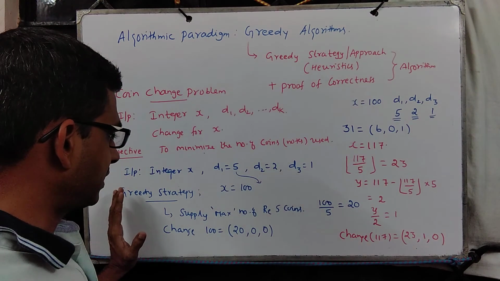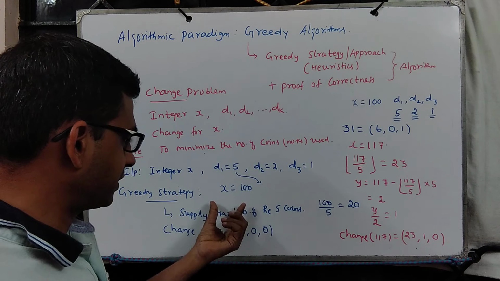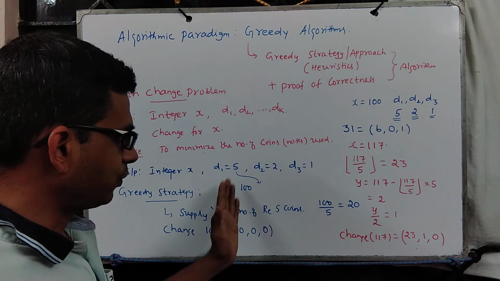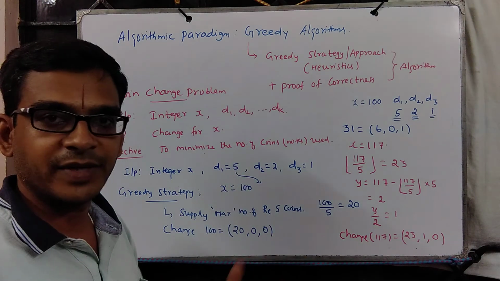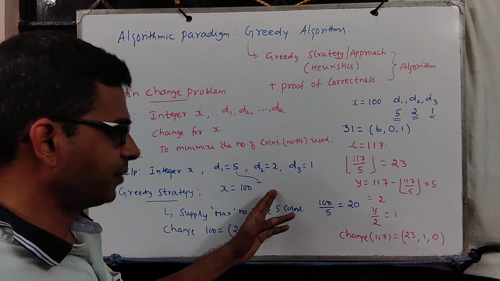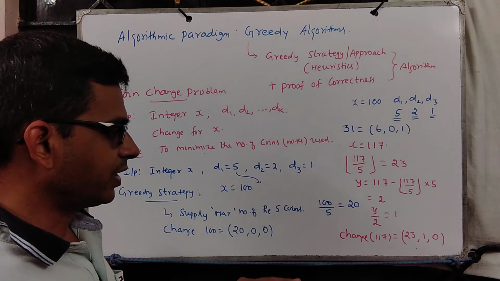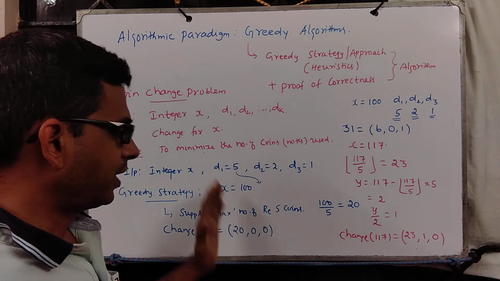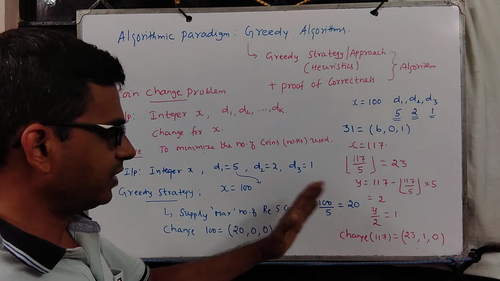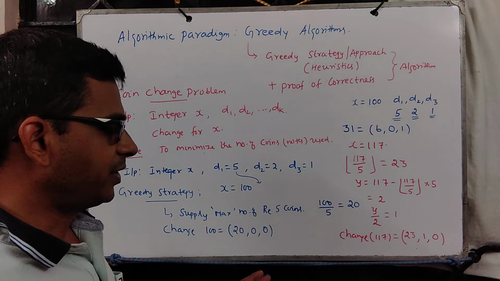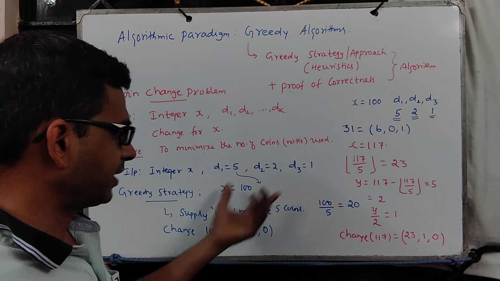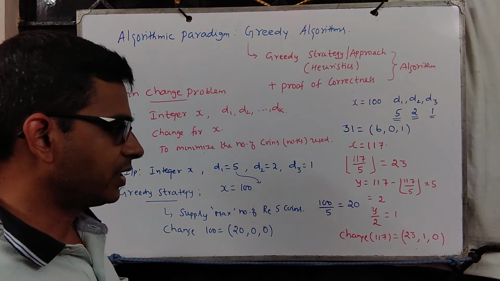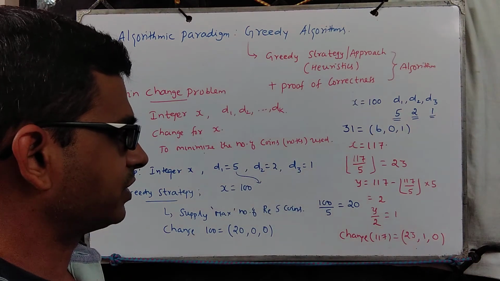First you supply the maximum number of 5 rupee coins, that is local optimum 1. When you cannot supply using 5, go to the next denomination and supply the maximum number of 2 rupee coins, that is local optimum 2. When you cannot supply using 2, go to the next denomination. Like that, as we move from one to the next, finally we reach a global optimum, meaning the change for x can be supplied using 5, 2 and 1 rupee coins, using the minimum number of coins or notes.